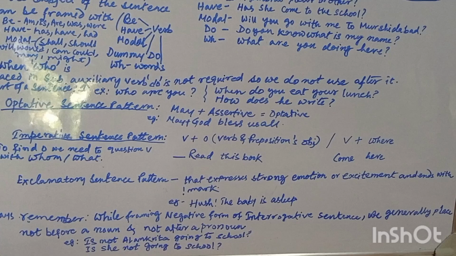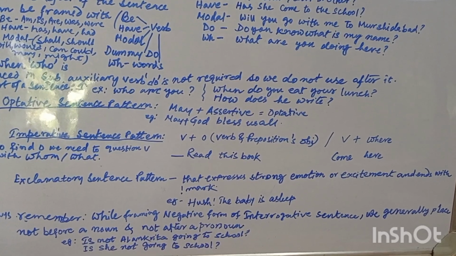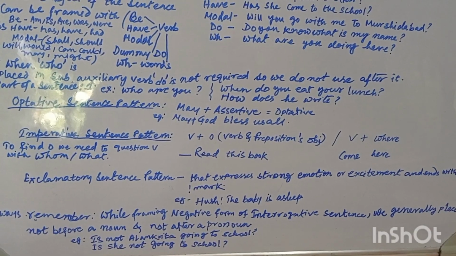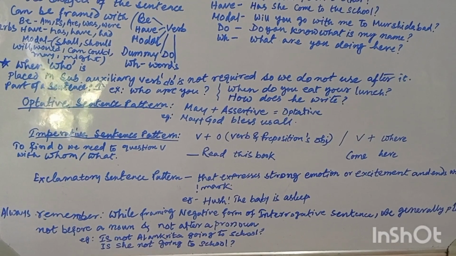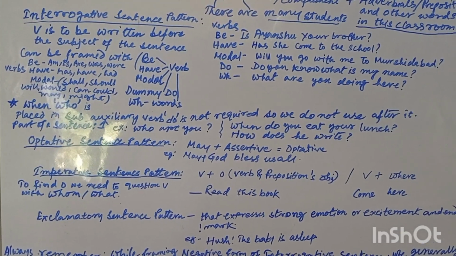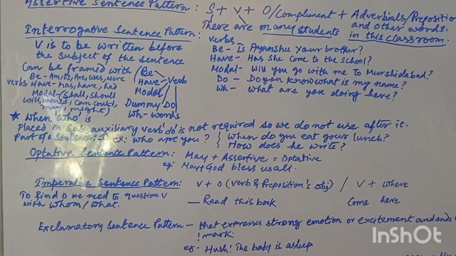So this is very easy to find, that whenever we find an exclamation mark, that is an indicative part, we can understand that this is an exclamatory sentence, isn't it? So these are the basic 5 types of sentence pattern that we have discussed in this class.